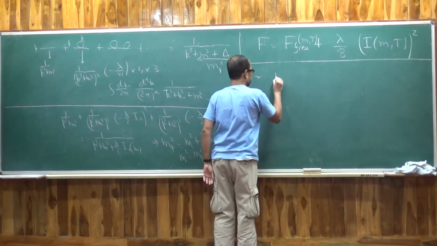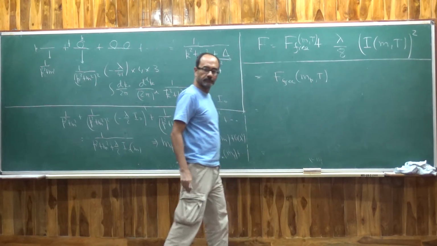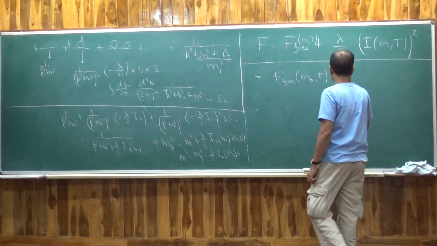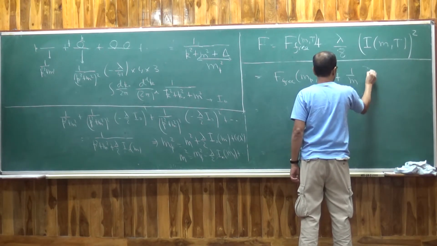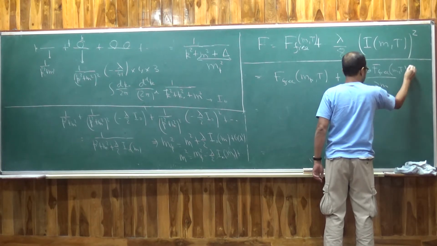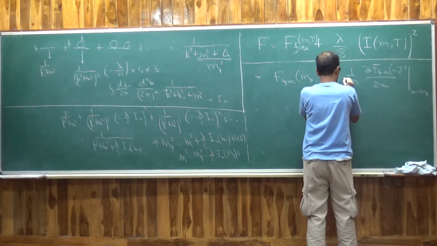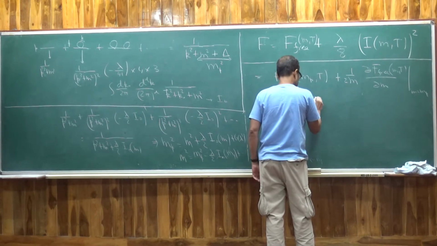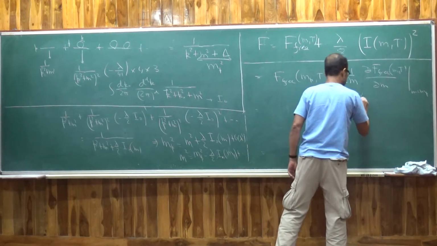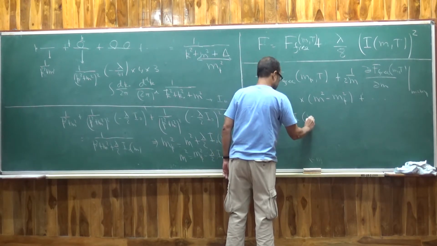So this is given by F free of MP, T, and then let me write this as 1 over 2M del F free of MP del M times M square minus MP square, plus order lambda square, which is here, plus lambda over 8 I MP square.